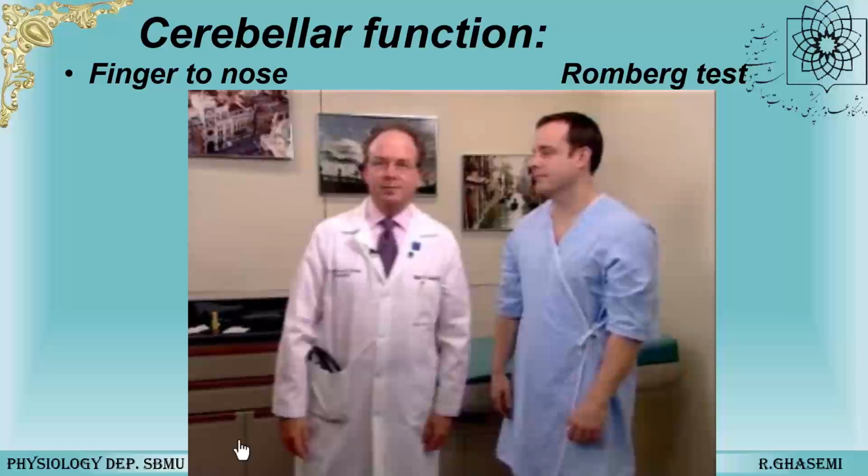Another test that is being used for the function of the cerebellum is gait. You know that gait is a very complex movement that needs coordination of time and coordination of the muscles that should be active and then inactive, agonist muscle, antagonist muscle.